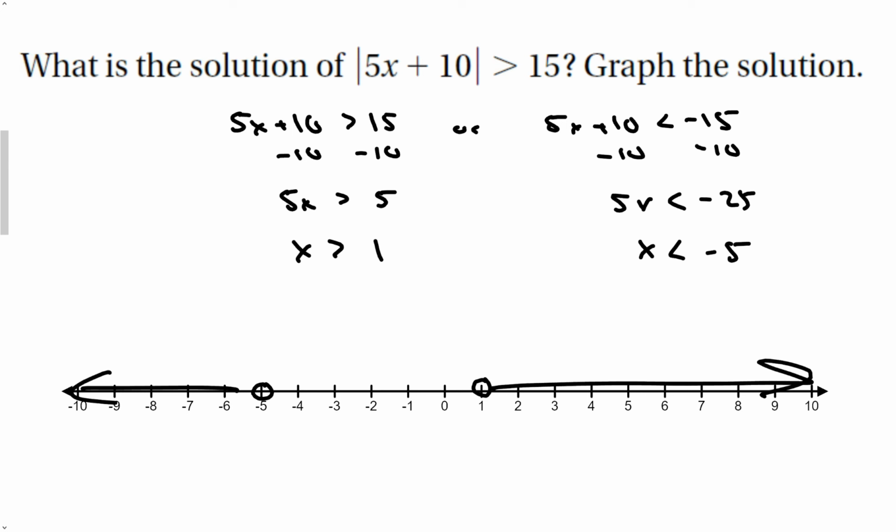Now, what would happen if this looked like this? Now, this would turn into an and inequality. And you would now see that there's nowhere that these two cross.